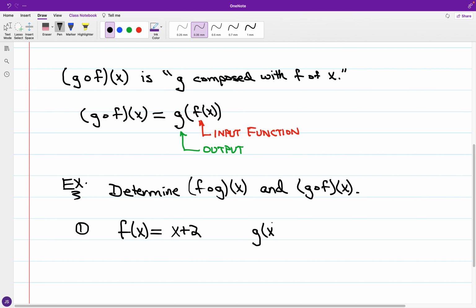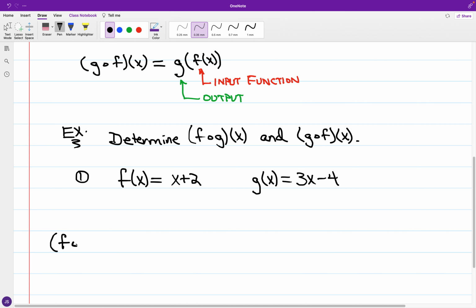Okay, so for what we have right now, looking at f composed with g of x, we've got f of g of x.